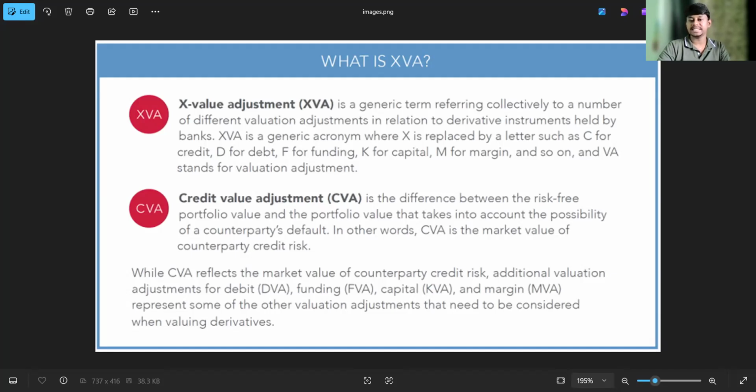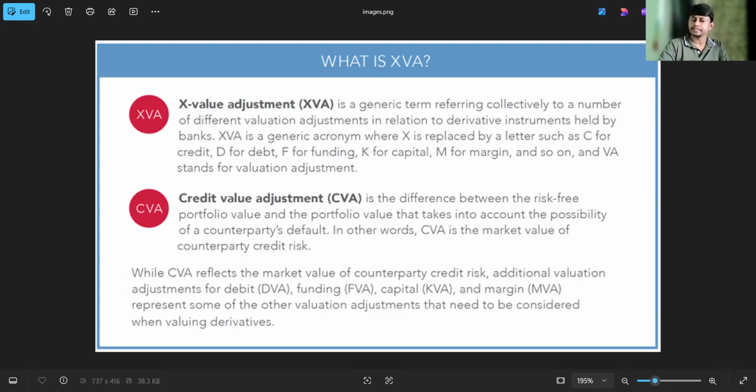The big one is CVA. The most important XVA is CVA, Credit Valuation Adjustment. CVA is the cost of the possibility that your counterparty defaults before the trade is finished, leaving you with a loss. Here's the intuition. If you are owed money on a trade and there is some chance the other side goes bankrupt before paying you, the trade is worth less to you than the textbook price suggested, because there's a chance you never fully collect.